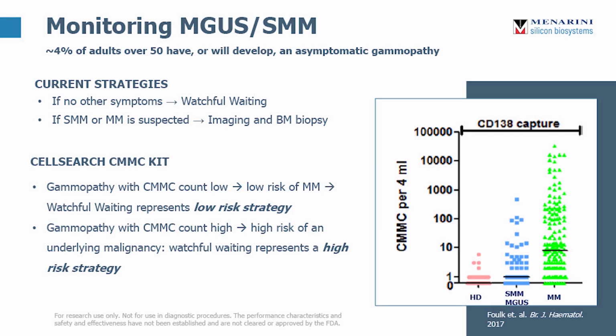With the addition of information about CMMCs from our kit, if you have a gammopathy with a low CMMC count, the watchful waiting paradigm represents a fairly low-risk strategy. So that is probably something you could reasonably undertake. But this suggests that if you have a gammopathy with a high count, that watchful waiting here puts the patient at risk. Now again, this is all in an RUO setting, but it's pretty suggestive that you can get really meaningful information about even precursor states of multiple myeloma with the CMMC kit.